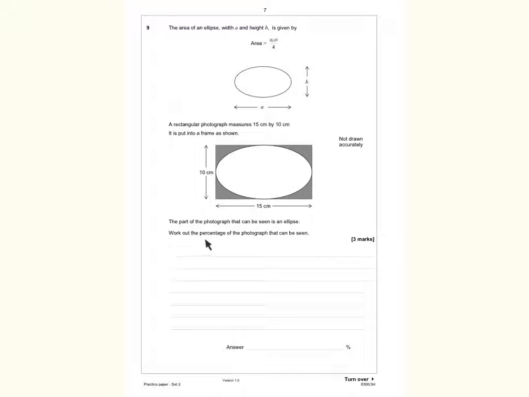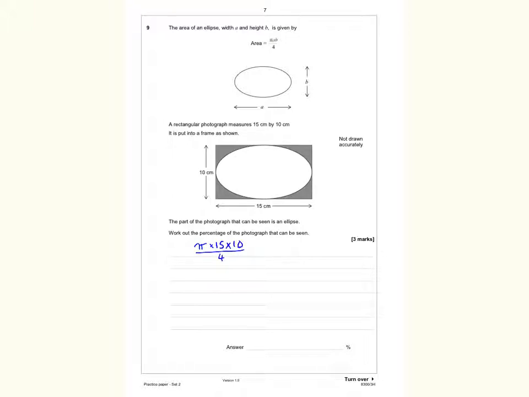So we can find the area of that using this formula. And it says work out the percentage of the photograph that can be seen. So it's all of this part over the area of the whole photograph. Okay, so the area of the whole photograph is going to be 15 times 10. But I need to find the area of the ellipse and put it over what 15 times 10 is. So area of the ellipse here would be pi times 15 times 10 divided by 4.